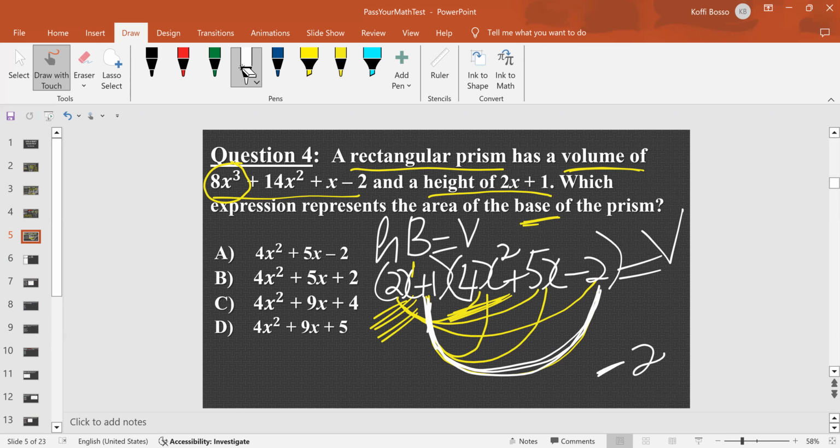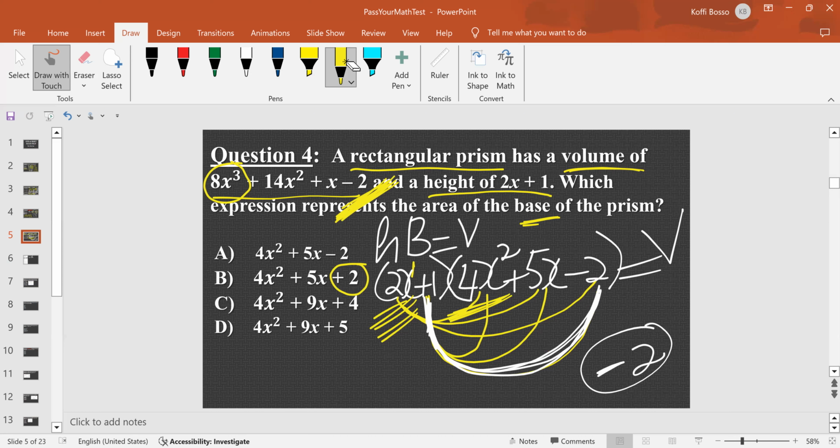If I take the positive 1 and multiply by negative 2, I will get negative 2. But look what's going to happen if I take the same 1 and multiply by the last term of choice B. I will get positive 2, which is not correct because in the volume, the last term has to be negative 2 when you do a multiplication.